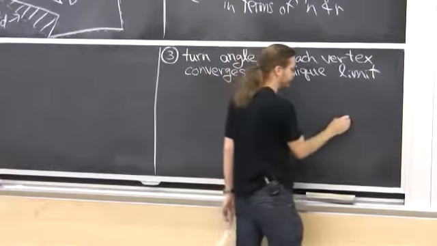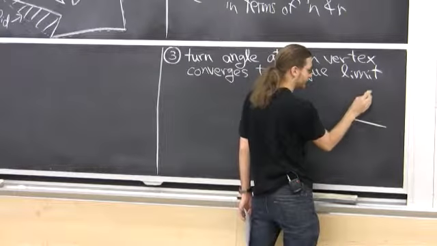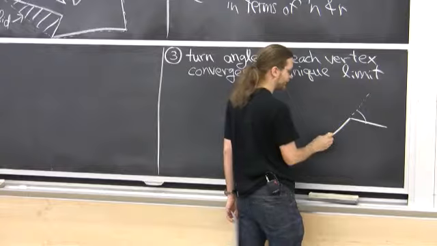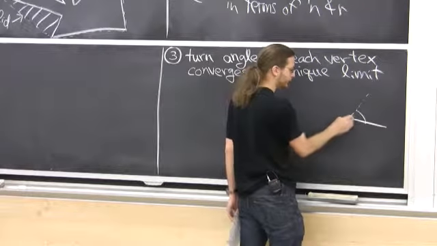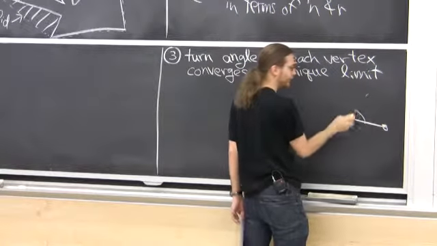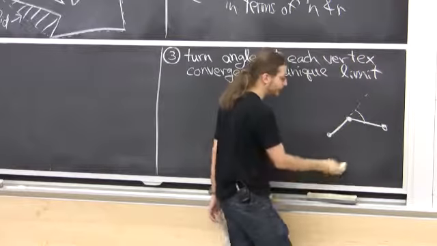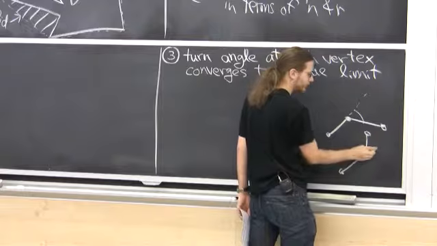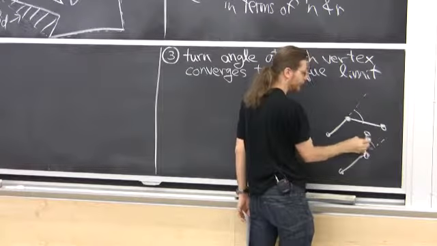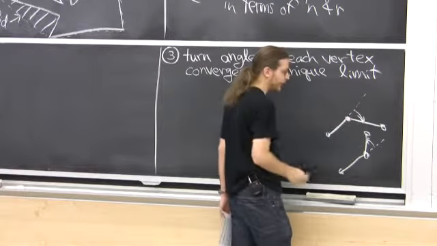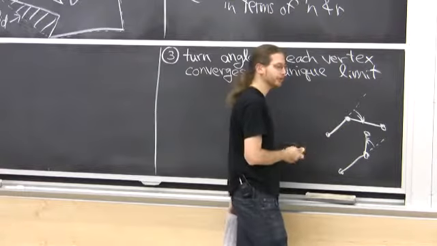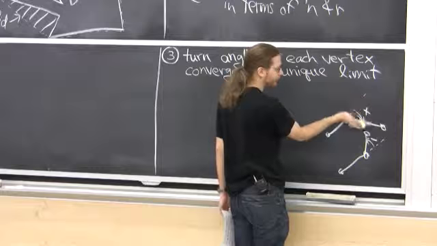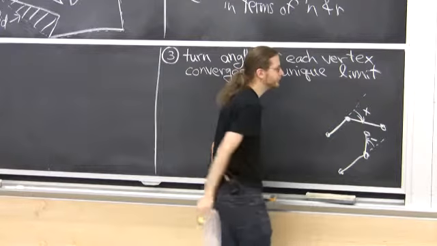I think we've used them recently. Here I have 3 vertices. The turn angle at this vertex is the amount you have to turn. In general, you might have to turn left or right. So here you're turning left, here you're turning right. Call one of these positive and the other negative. I don't really care which one. Let's say this is positive, this is negative. So you measure this as a positive angle, this is a negative angle.